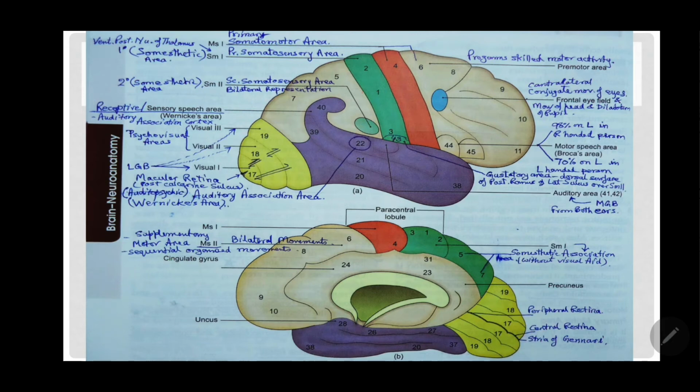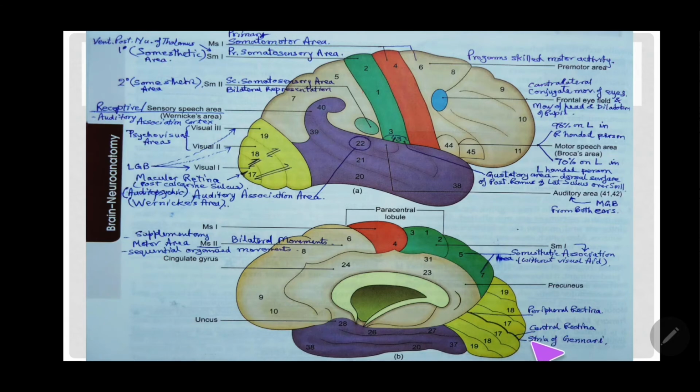Okay. In the CNS, in the brain and cerebellum, the gray matter is on the outside and the white matter is on the inside. In the brainstem and spinal cord, the white matter is on the outside and the gray matter is central. So when the band of optic radiations reaches here, before reaching the gray matter, it is placed onto the surface, and that's why you find a white band of fibers running in the calcarine sulcus.